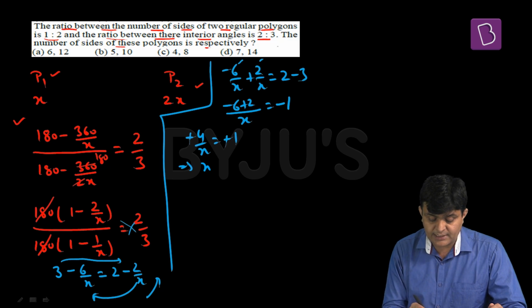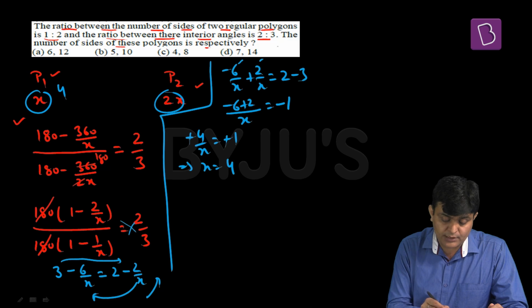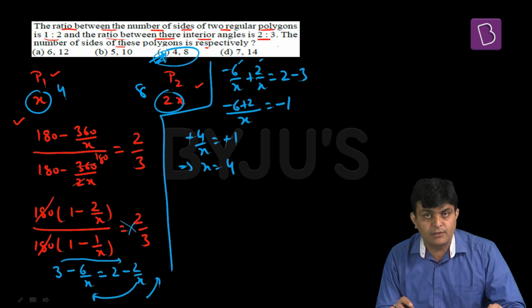So from here x is equal to 4, so 2x is equal to 8. So 4 comma 8 is our answer for the sides of the two regular polygons.